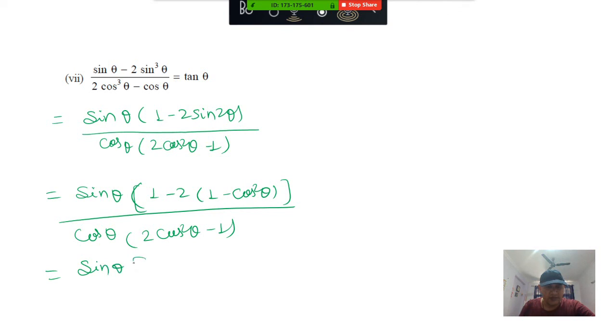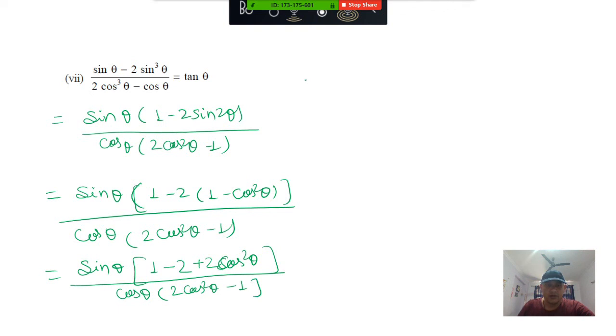Sin theta, and this 1 minus this term goes inside, minus 2 plus 2 cos square theta, right? And in the denominator the terms remain as they are, cos theta multiplied by 2 cos square theta minus 1. Correct?